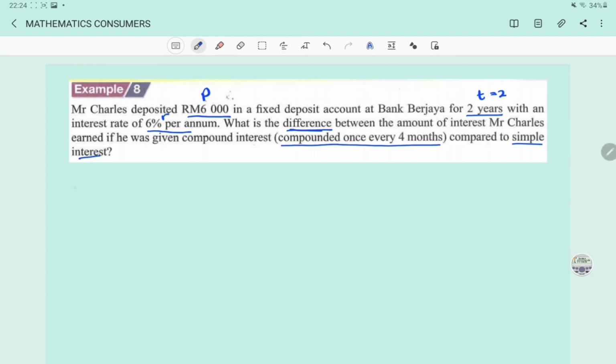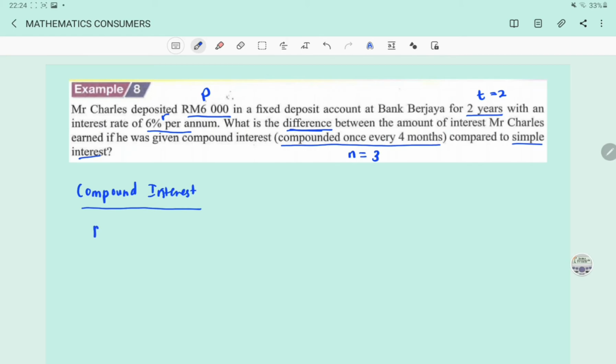So here, if we find the compound interest, compounded once every 4 months, so the number of compounded times in a year is 3 times. 4 times 3 is 12.